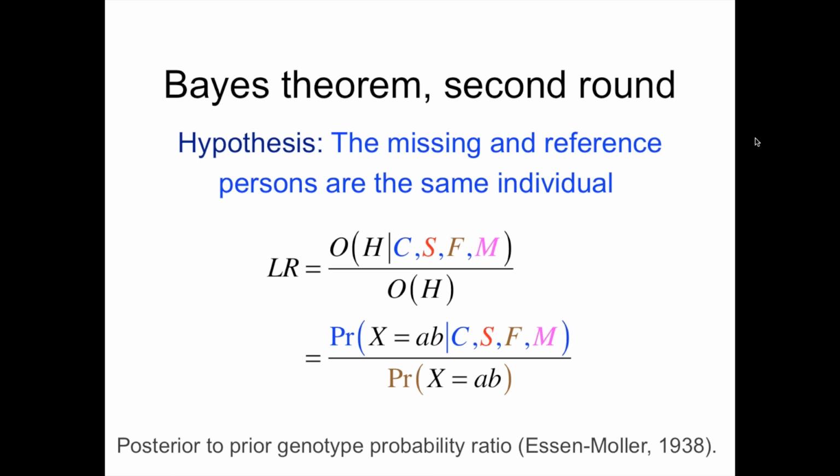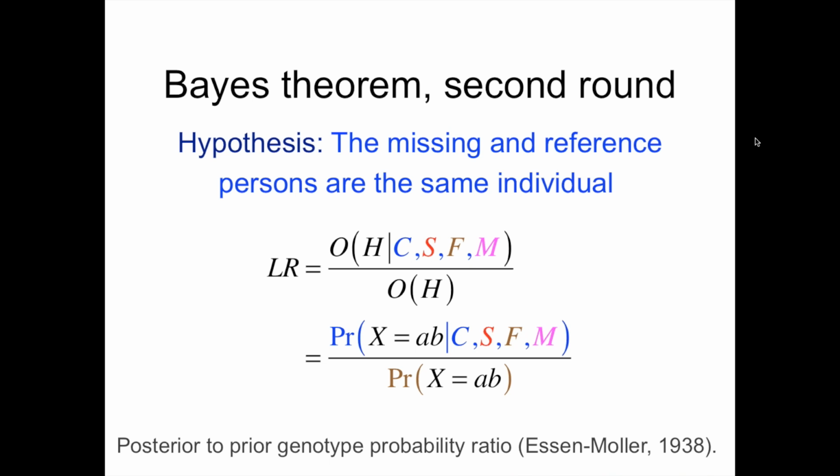The likelihood ratio, indicated by LR in the center of the screen, as we discussed in the first webinar, is the odds of this hypothesis, H, given all the data, which here is the kinship information of the different genotypes of the relatives, divided by the odds of a hypothesis H before we ever saw the data.